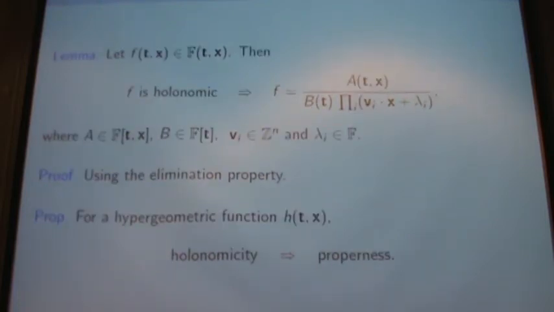Okay. Now, in order to prove the conjecture, we will focus on the rational functions. This lemma tells you that if f is a rational function and f is also holonomic, then we can prove that f is of this special form. And this coincides with the properness of the rational function. So this also implies that holonomic implies properness.